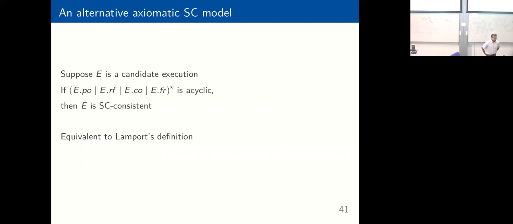Two famous verification researchers, Shasha and Snir, had this characterization. The real story is that they were doing verification, and at the time sequential consistency was understood to be the one true way. So they wanted to verify programs under sequential consistency. And it turns out that to verify something under sequential consistency, you have to existentially find this total linear order.